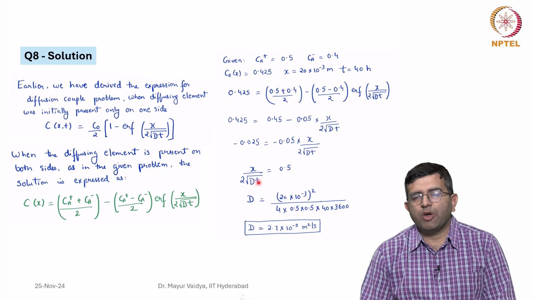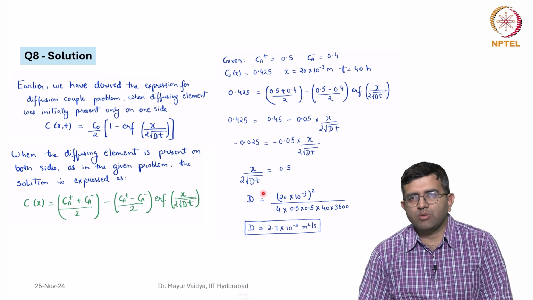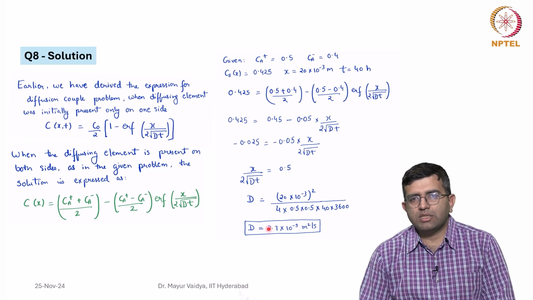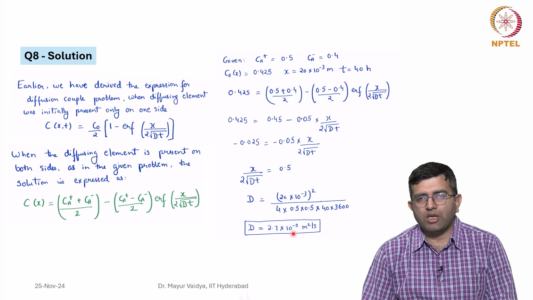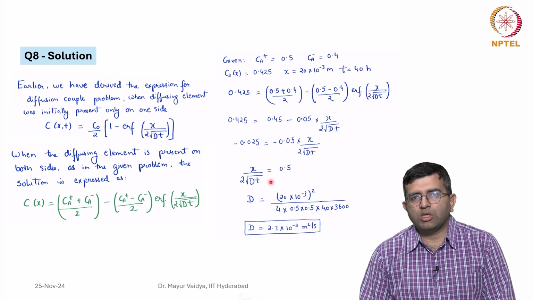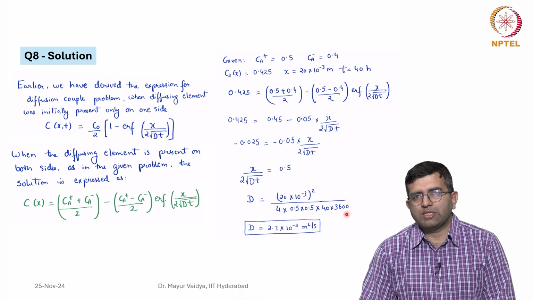So you get x by 2 root Dt is equal to 0.5, and when you solve this by putting in the various values which are given, you will see that D is 2.7 into 10 power minus 9 meters square per second. Remember to put t in the correct units, it is 40 hours, so you have to convert it into seconds.